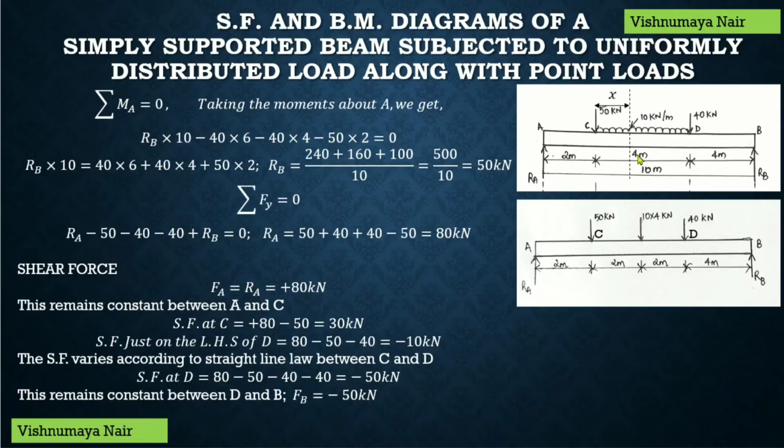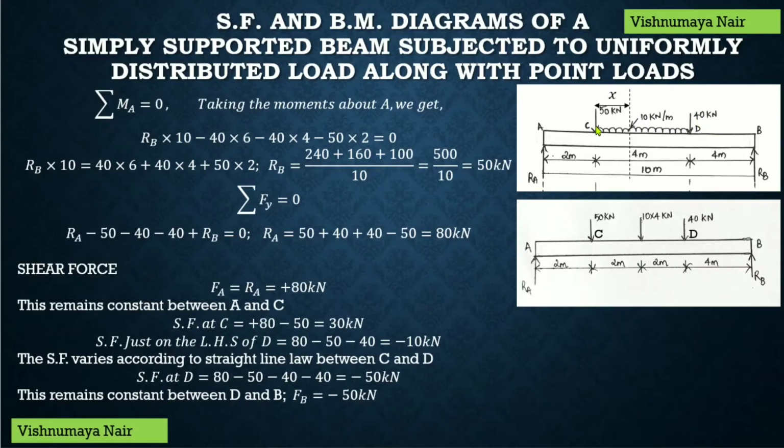Now, when this x becomes equal to 4 meters, this section reaches the point D, right? Now, the shear force becomes equal to 30 minus 10 into 4. That is 30 minus 40, which will be equal to minus 10 kilonewton. So, just before adding this 40 kilonewton, the shear force will be equal to minus 10 kilonewton. Therefore, the shear force varies from a value of 30 kilonewton at the point C to a value of minus 10 kilonewton at the point D just before adding this 40 kilonewton.